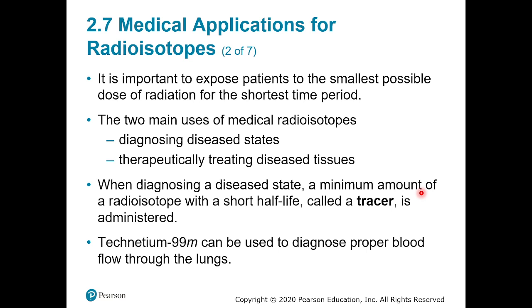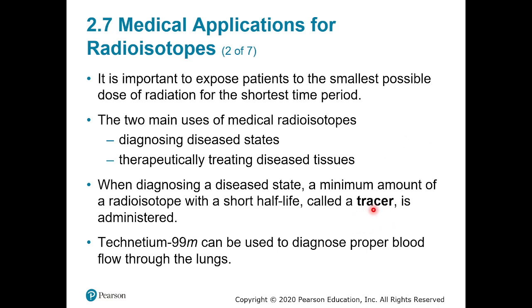All right, so it's going to be important to expose patients to the smallest possible dose of radiation for the shortest time period possible. Remember that negative effects are directly proportional to the length of exposure and the amount of exposure, right? So the two main uses of medical isotopes are diagnosing disease states and therapeutically treating disease states.